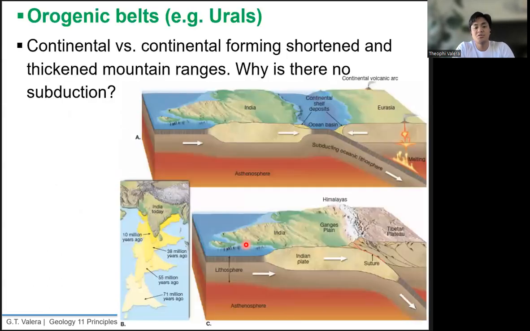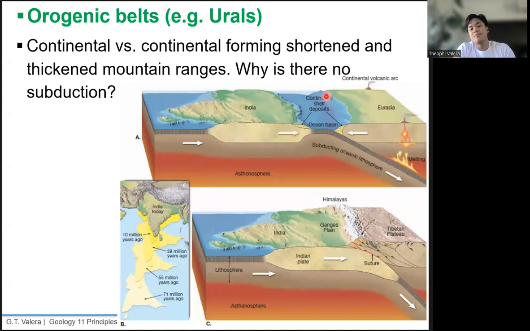Well, when you have continent, there is no subduction, because of course there was subduction before at one point, since usually ahead of a continental crust is an oceanic crust. So when the oceanic crust interacts with the continental crust, of course it starts to subduct and form continental volcanic arc.